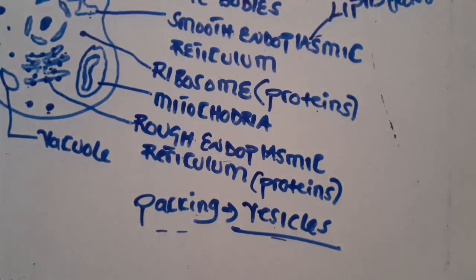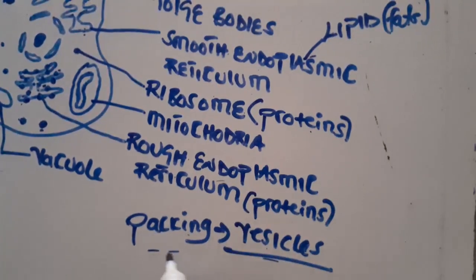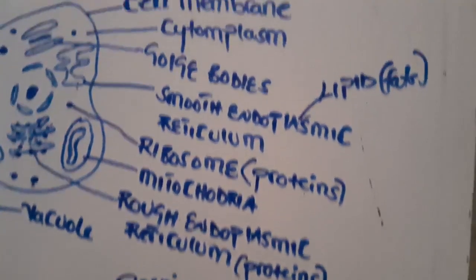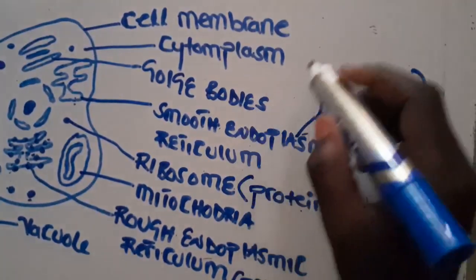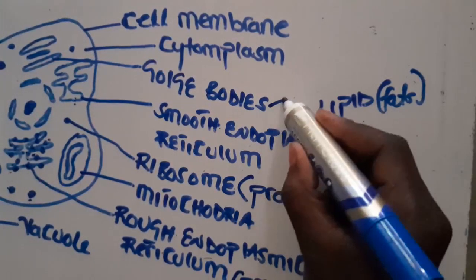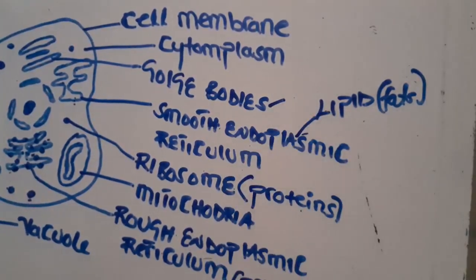But usually within the cell, these vesicles take them to what are called the Golgi bodies.